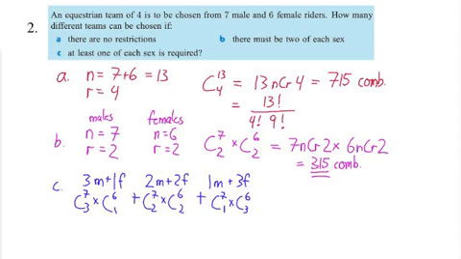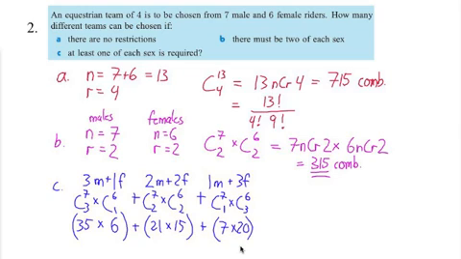The first expression, C 7 over 3, would be 35. The second one would be 6. And then I would get 21 times 15. You should do this, by the way, to ensure that you're getting the right answers and using the right method. And then the last combination would be 7 times 20.